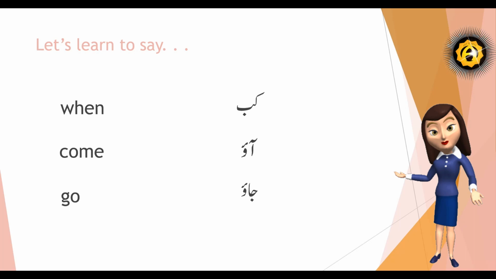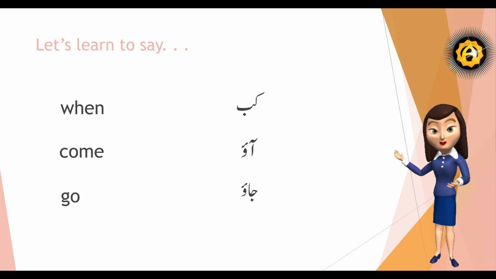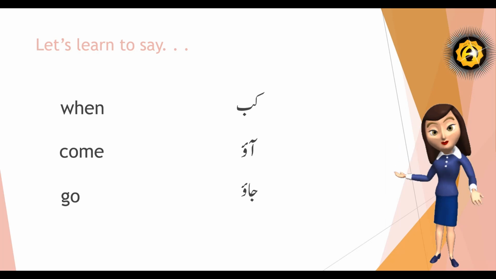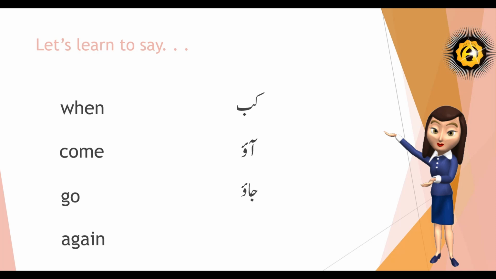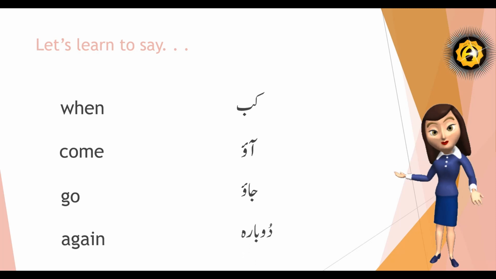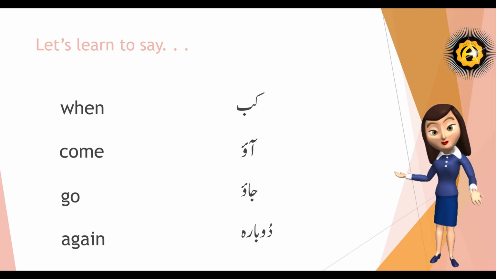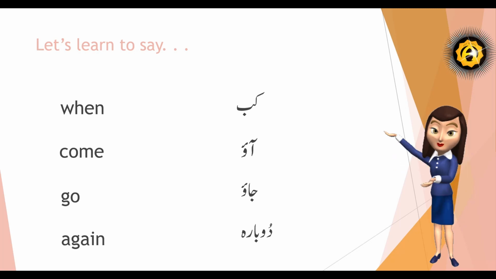So come is आओ and go is जाओ. Then in English we say again, and in Urdu it is दोबारा. Again, दोबारा.